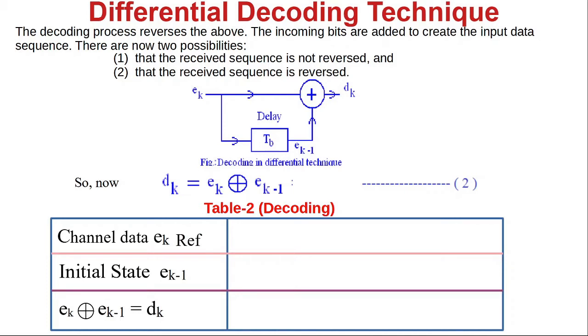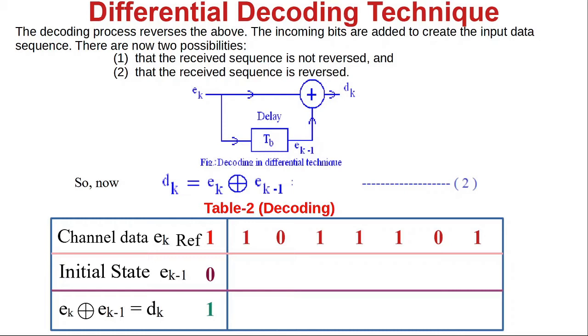Here also we consider the reference bit as 1, the initial state as 0. So dk will be 1 exclusive or 0, that is 1. And here ek that we get from table 1 is 1 0 1 1 1 0 1.